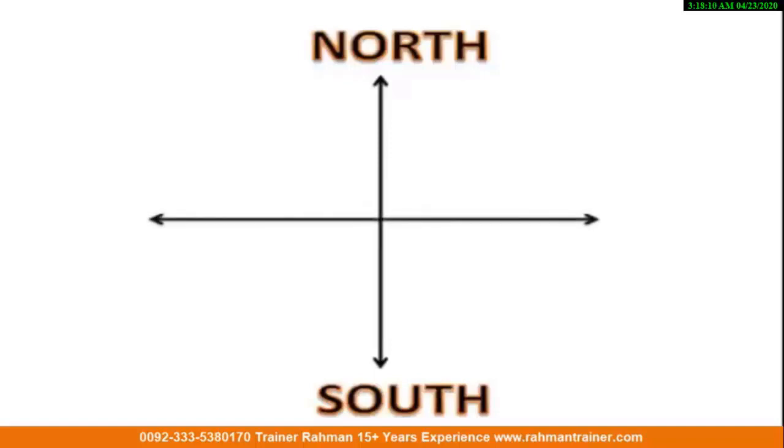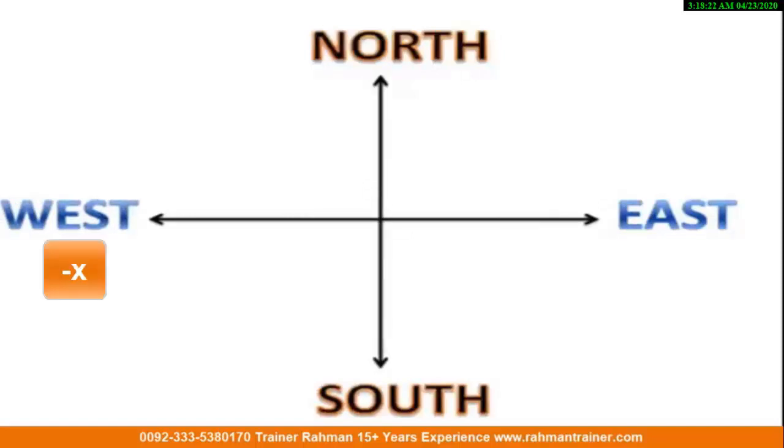Then horizontal line crosses intersection point. East is on the right side, which is positive x, which has a positive value from 0, and west is on the negative x side from 0, 0 point.